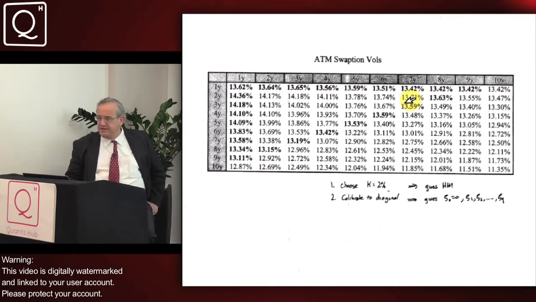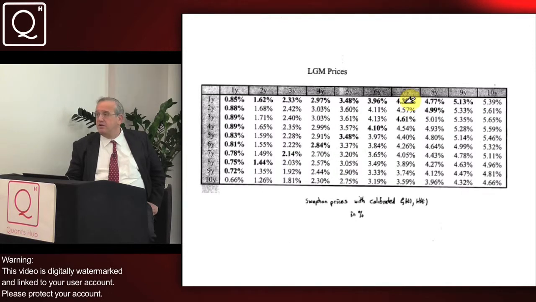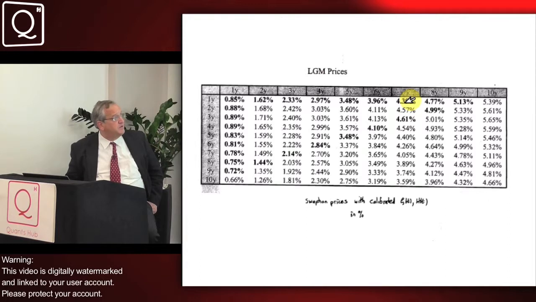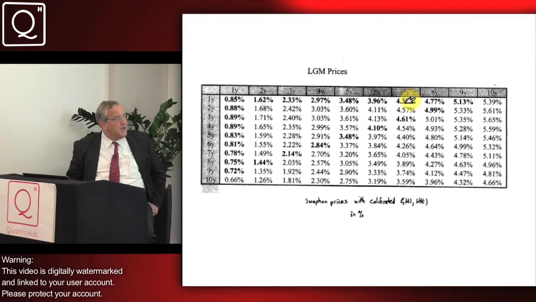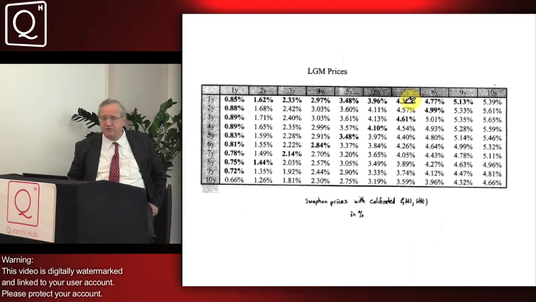Once I find the zetas, suppose I now use my closed form swaption formulas to find the dollar price for all the swaptions in the matrix. Not only the ones I've calibrated on, the bold ones, but all the other swaptions as well. Now for each of these dollar prices, suppose I ask, what implied volatility do I need to put in Black's formula to recover this dollar price?